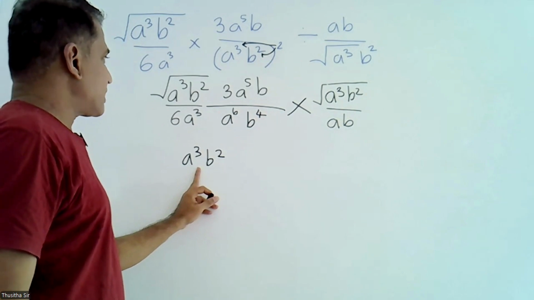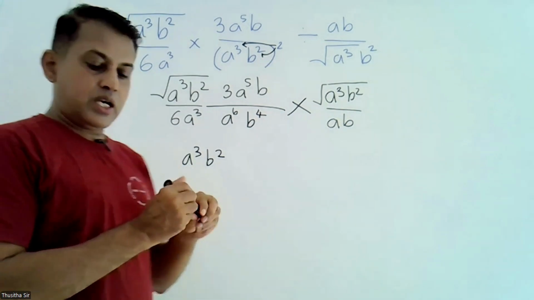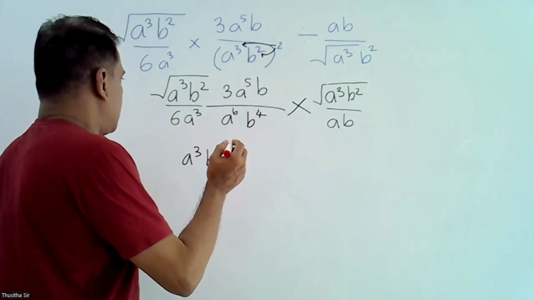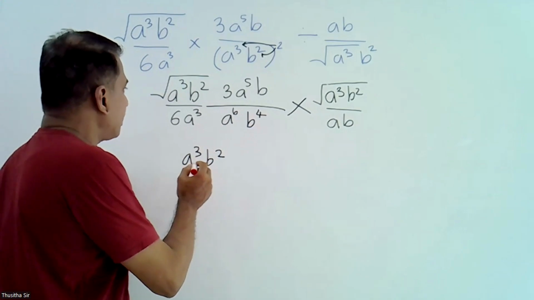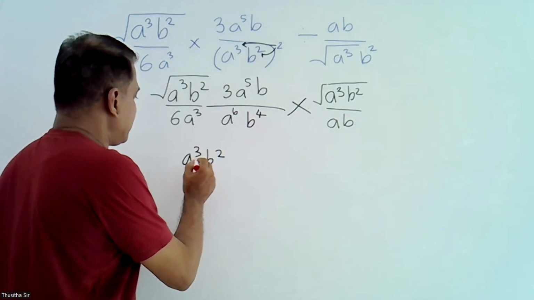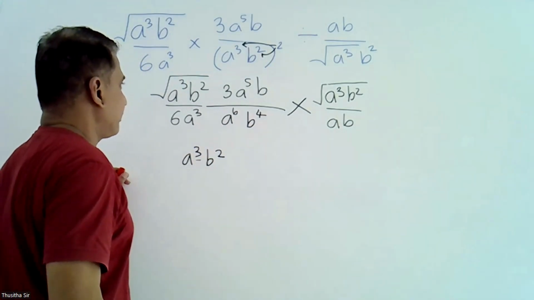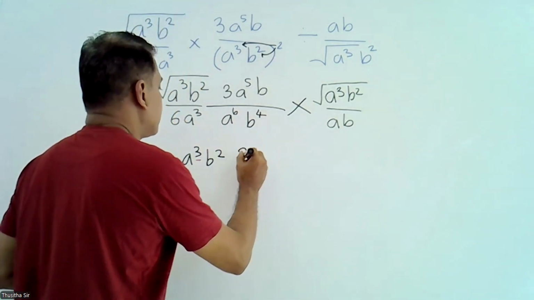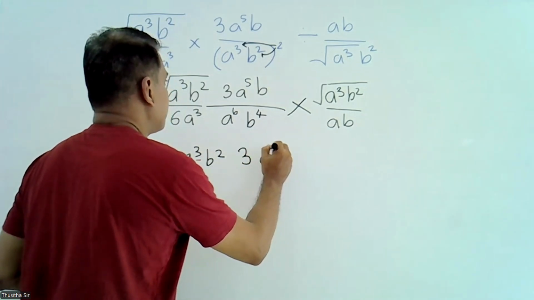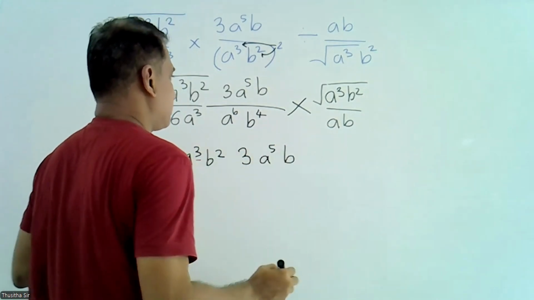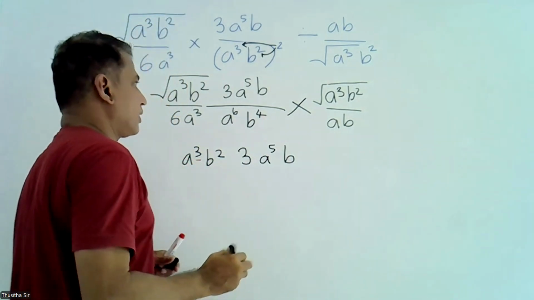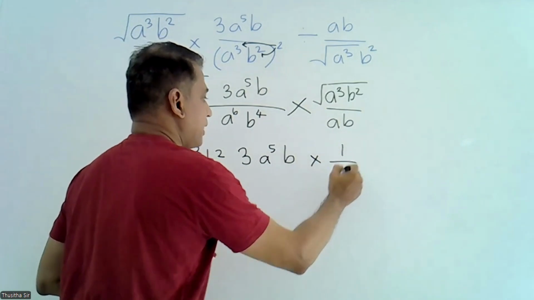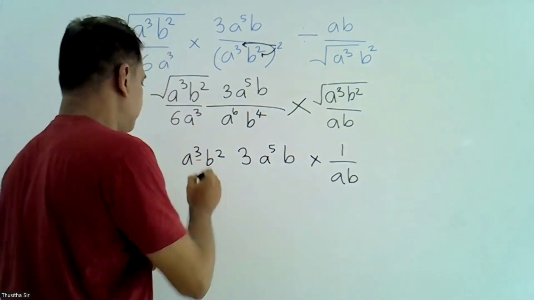Then next thing I'm going to do, I'm going to see how many simple a's now here. Here is 3, right? 3, and here I just write again 3 a b. So this gets cancelled. Now this side I have 1 a b, right?